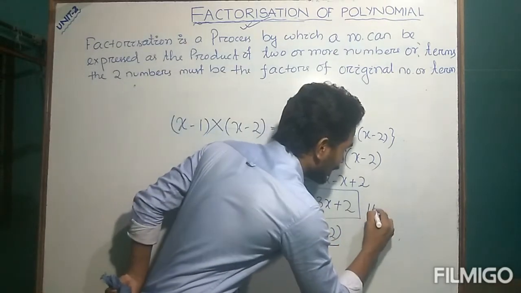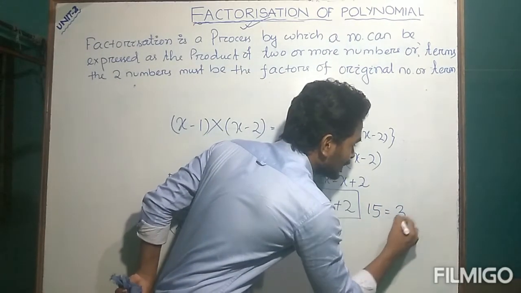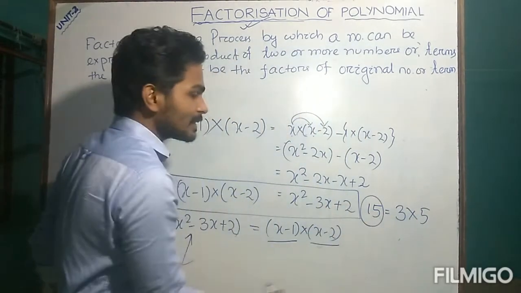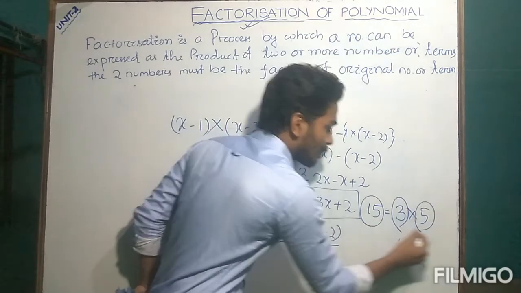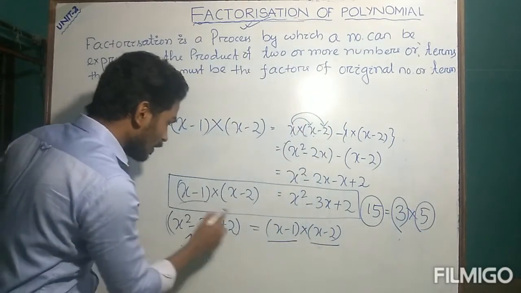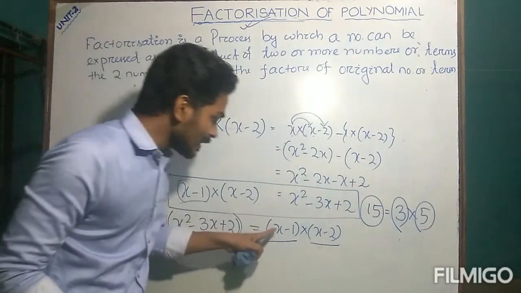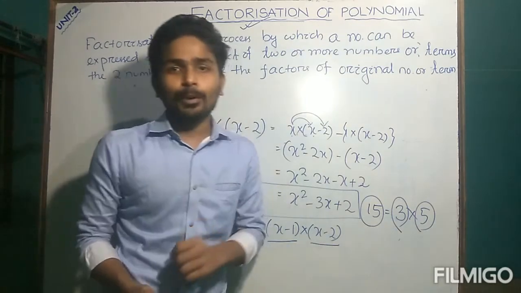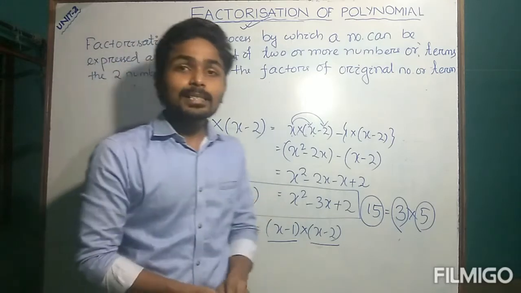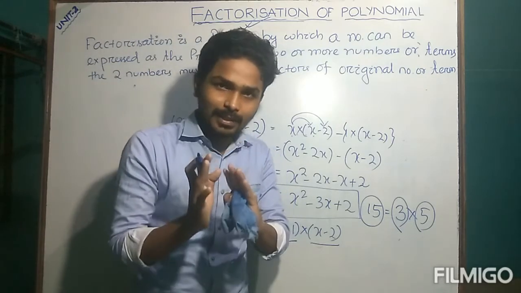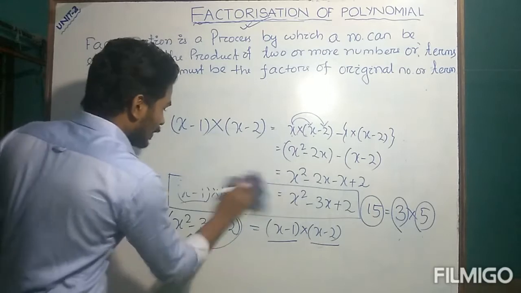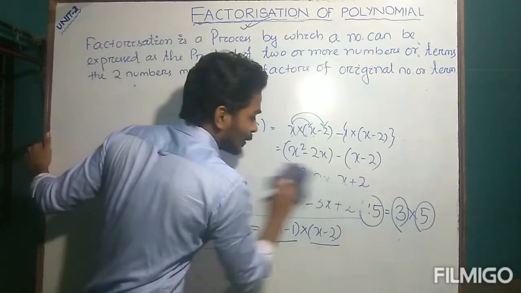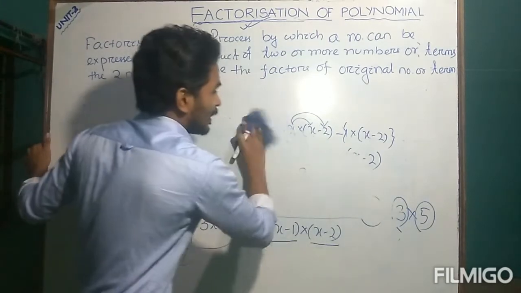Similarly, as we write 15 is equal to 3 into 5, this total polynomial can be written as the product of the first polynomial into the second polynomial. This process is known as factorization. So a polynomial can be expressed as the product of two other polynomials.